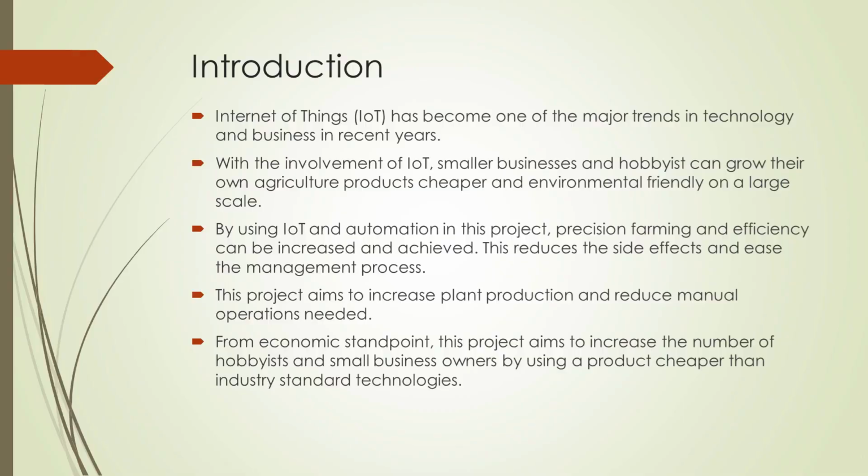IoT, Internet of Things, has become one of the major trends in technology and business in recent years. IoT is also being used in many fields like smart homes and smartwatches. With the involvement of IoT, smaller businesses and hobbyists can grow their own agricultural products cheaper and in an environmentally friendly way on a large scale.